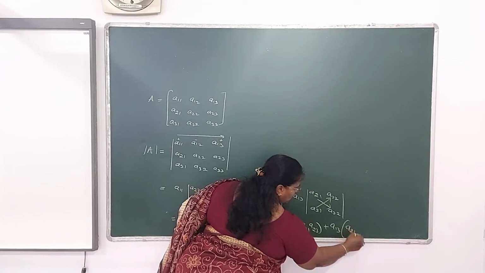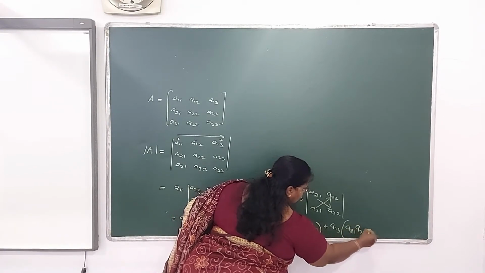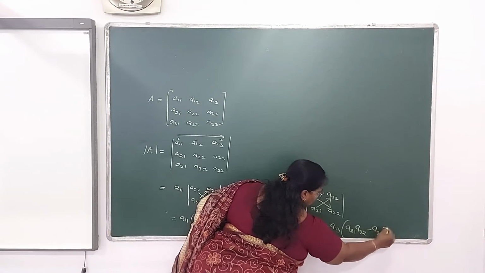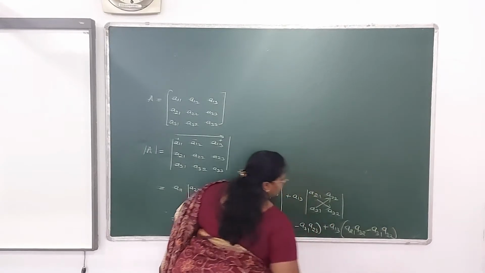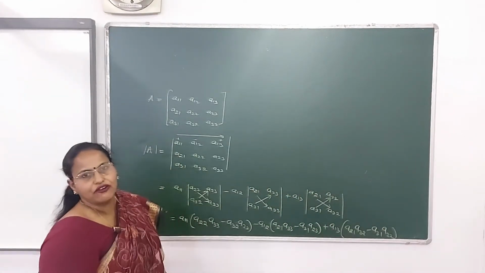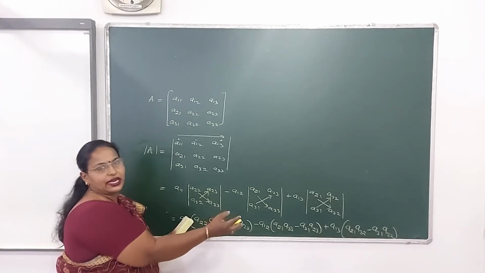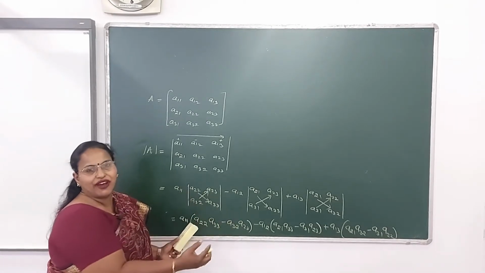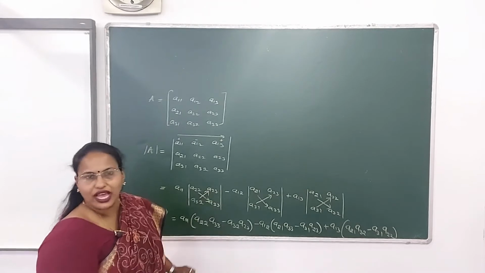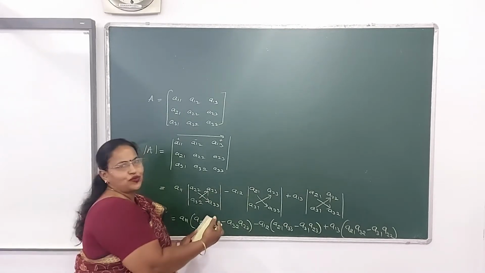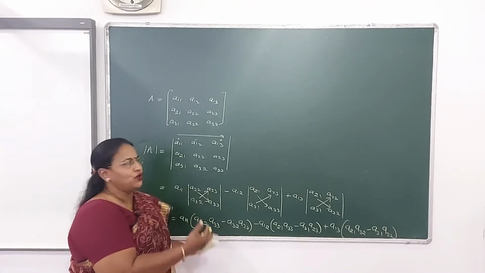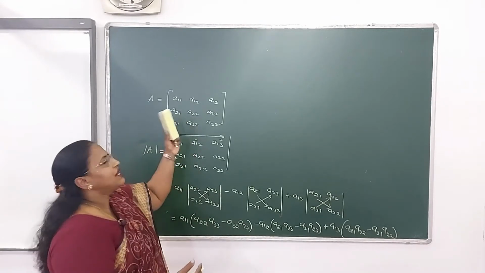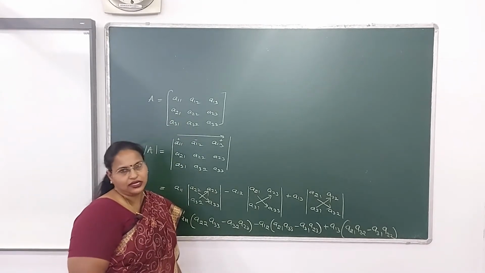So it's A21 into A32 minus A31 into A22. Likewise, you can solve a determinant of order 3. Open the bracket, rearrange it, simplify it, and an expression or a definite value you will get. This expression or definite value is called the determinant of the given square matrix.